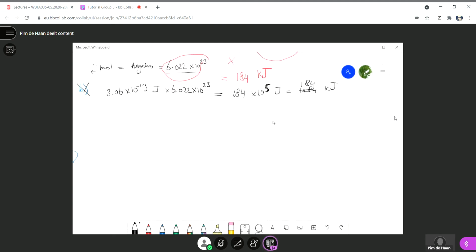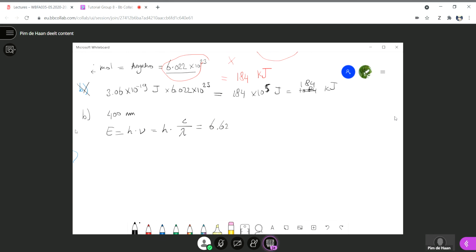So now we're going to do B. B is very similar, the same thing, but at 400 nanometers. So we're going to do this again. E equals h times nu, equals h times c over lambda.